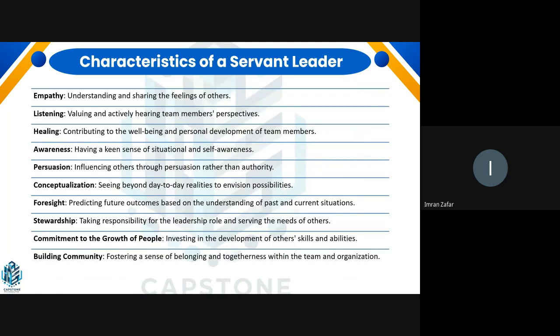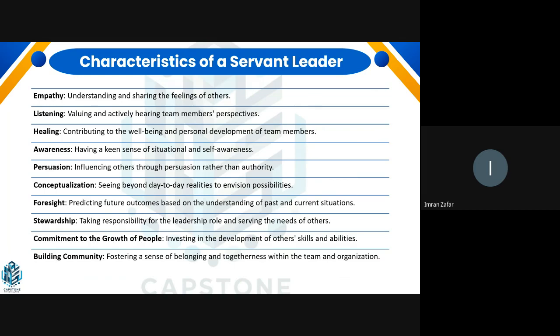You should be an active listener. You need to understand the perspective of others. You need to have very good situational and self-awareness. You need to have an influential kind of personality, where you can persuade people or influence others in a more human way, rather than imposing your authority on people.